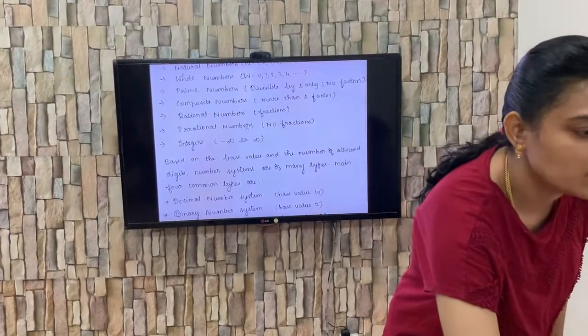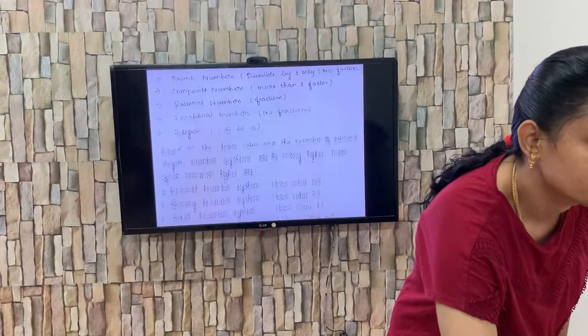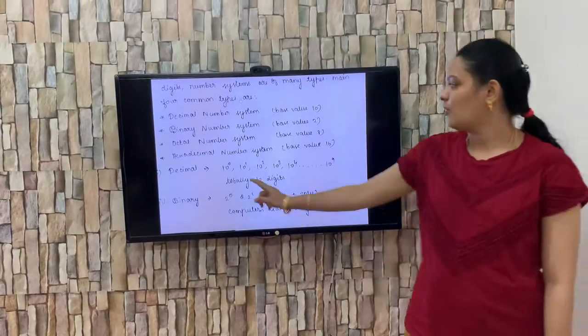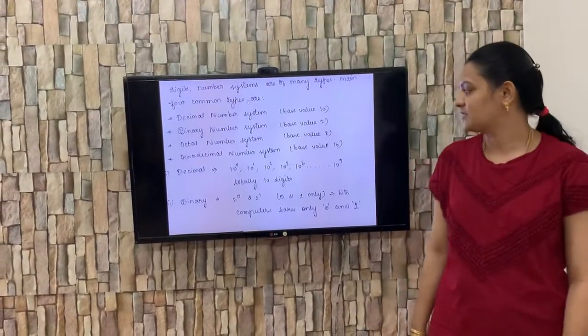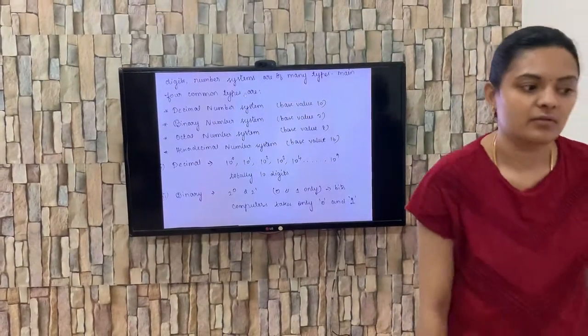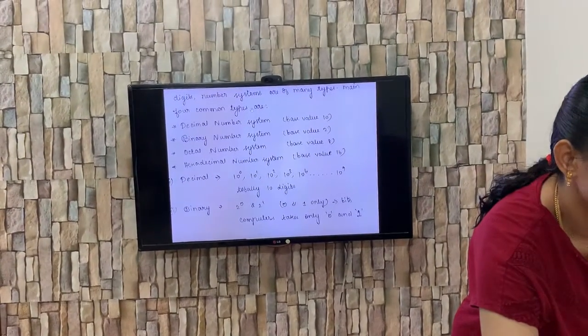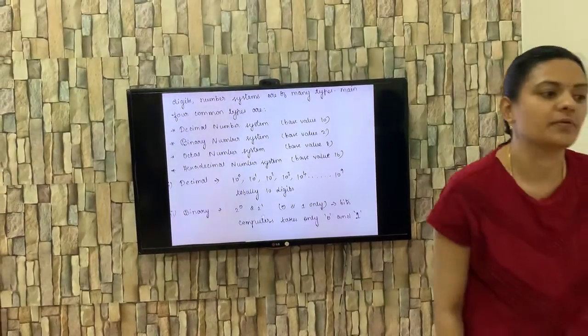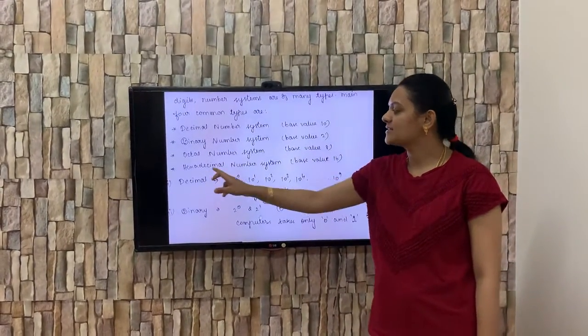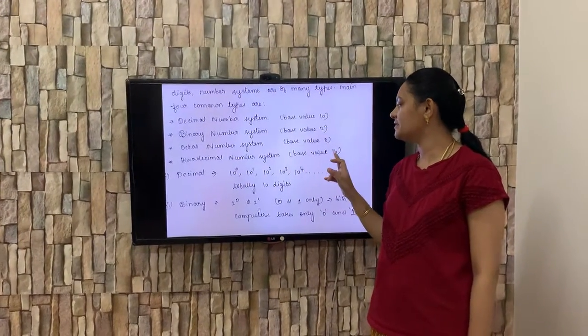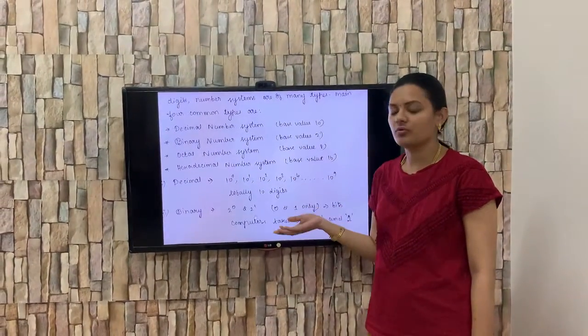The other two are octal number system and hexadecimal number system. In octal number system, base value will be 8, and for the hexadecimal number system base value will be 16. One by one we can go to it.